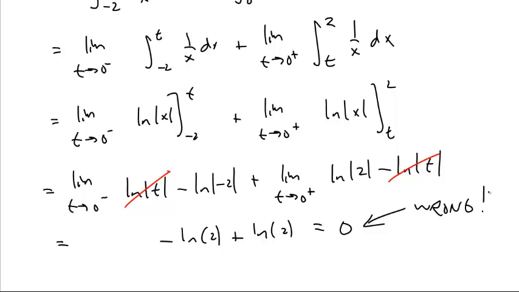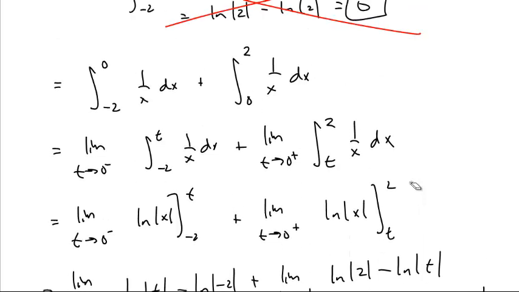What went wrong here is you can't really cancel these things out. Sure, natural log of t and negative natural log of t, but they're different. This t is going to 0 from the left, this t is going to 0 from the right. They're different things. Where did we go wrong? We went wrong when we used the variable t twice.